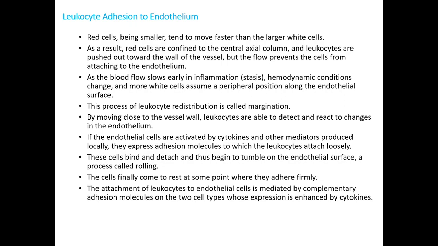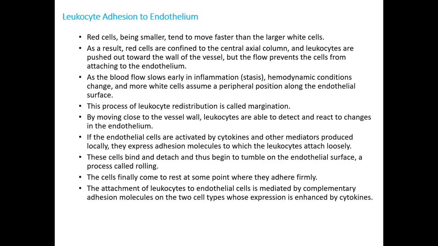As the blood flow slows early during inflammation at the step of stasis, the hemodynamic conditions will change, and more white cells will assume a peripheral position because of stasis along the endothelial surface. This process of leukocyte redistribution we call margination.